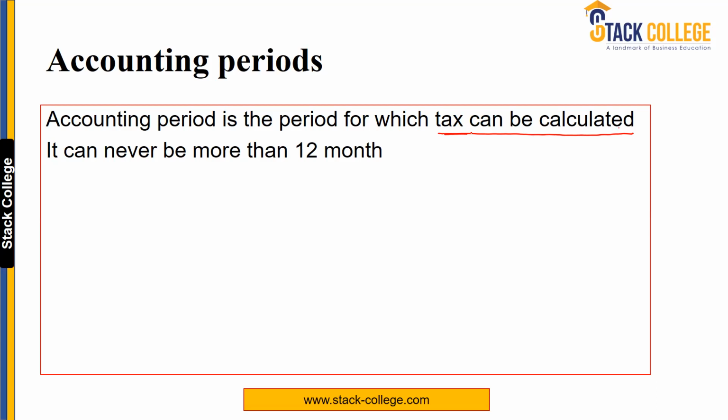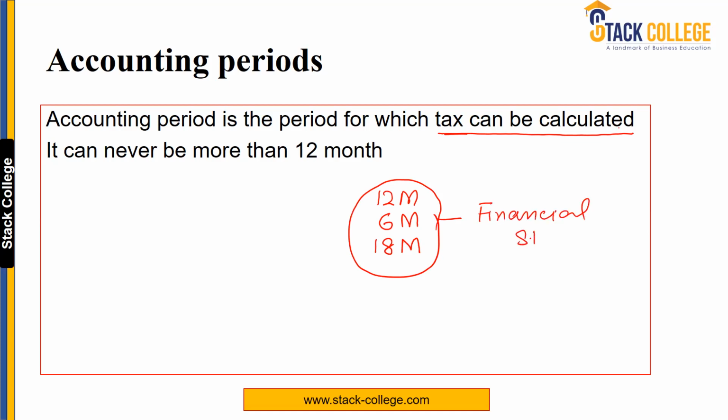Now, a very important thing is that when a company prepares financial statements, it can prepare them for 12 months, for less than 12 months, or for more than 12 months. This is the financial statement period, and the company can choose any one. But as far as the tax year is concerned, it can never be more than 12 months.